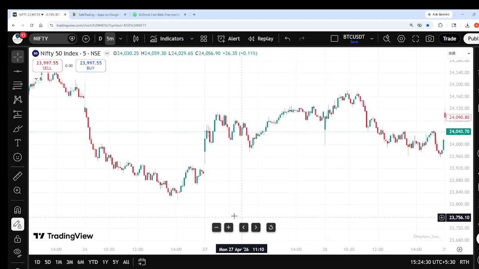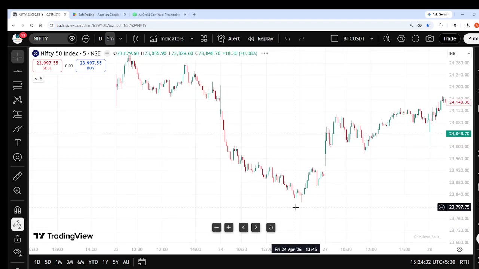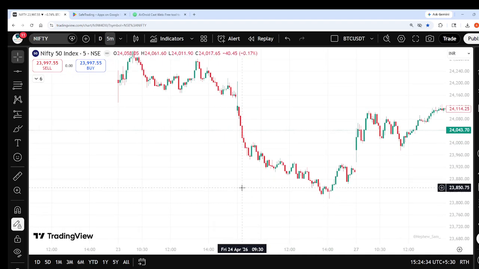Let me remove the drawings and check the other day as well. This was again the day for the 26th April. For 26th April, the first 9:15 candle, I mean the opening in the pre-market session, is around 24,109.